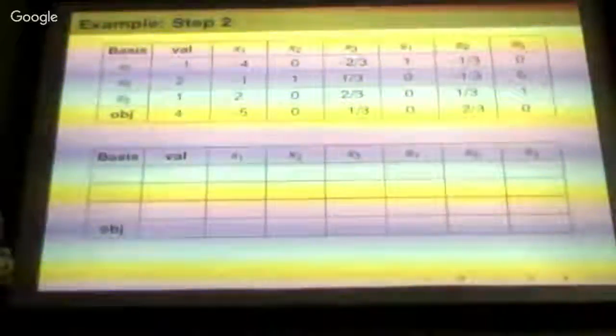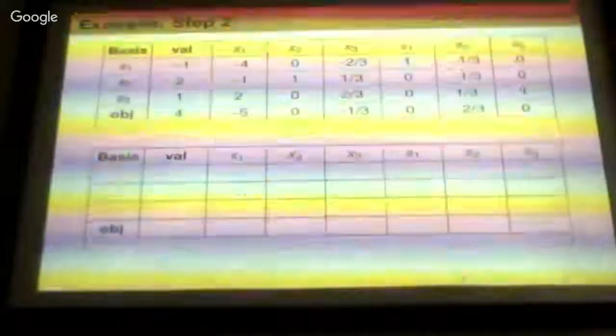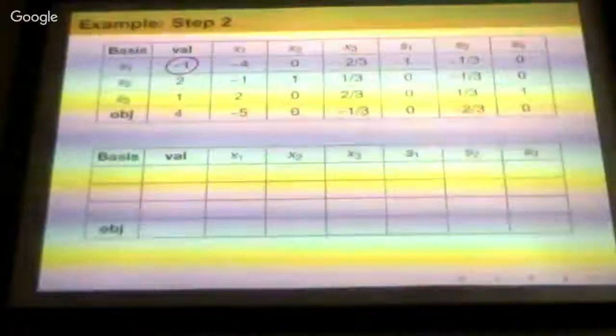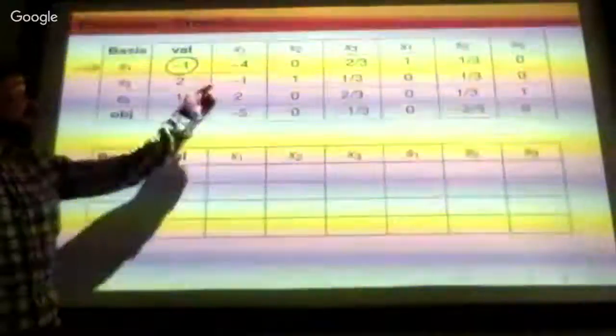Okay, so now the obvious thing to do is just to continue the way we've started. So this -1 is going to tell me which row I want to pivot in. Now tell me what's going to be the pivot element in this row.